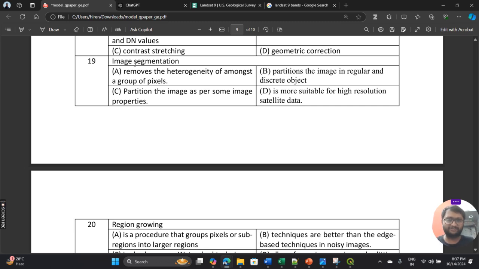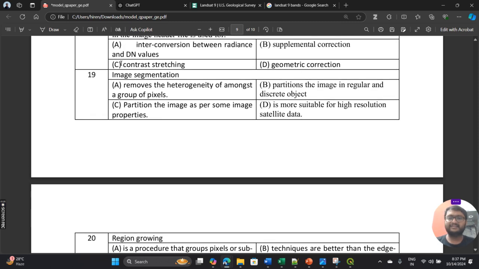That's why most of the questions are repeating. It's a very tough paper, huh? All the other papers were of very low difficulty compared to this model paper.